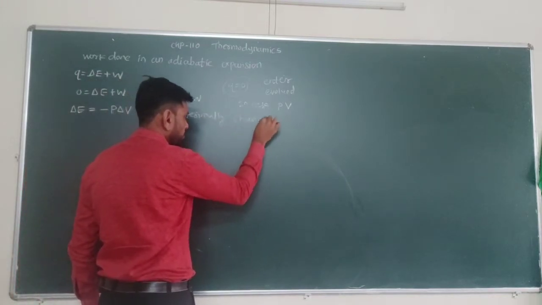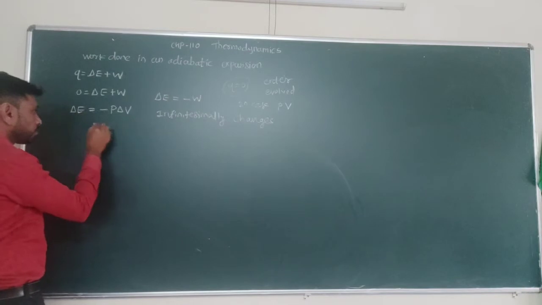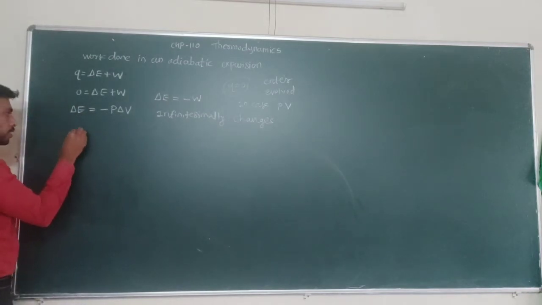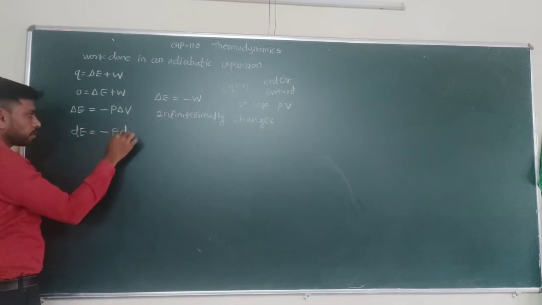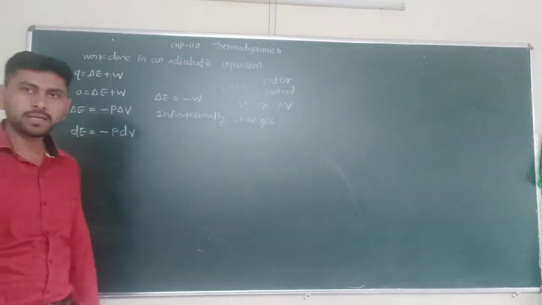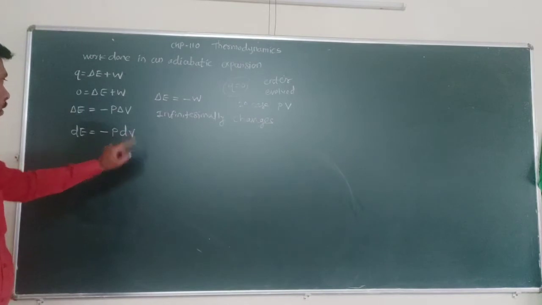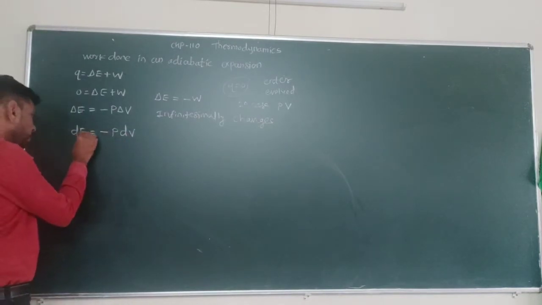For infinitesimal changes, we write this equation in this form: dE equal to minus P dV. dE is equal to minus P dV. So we obtain this equation.